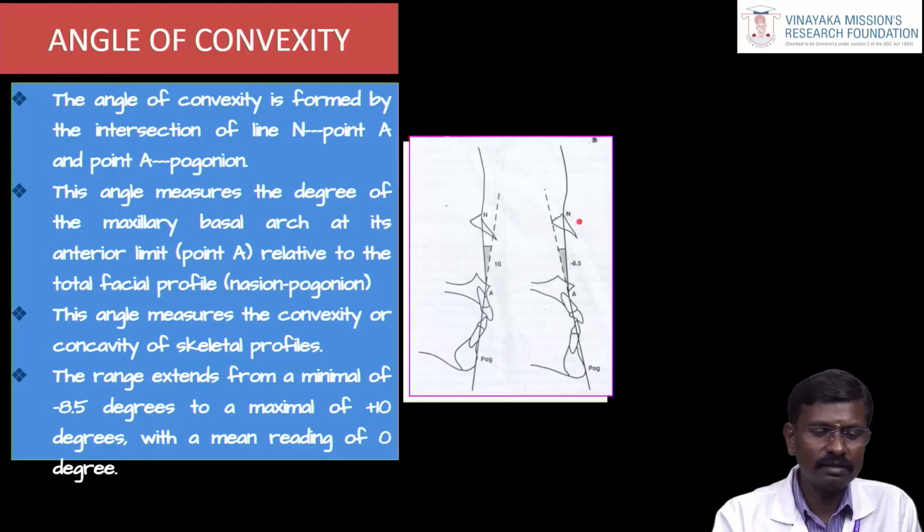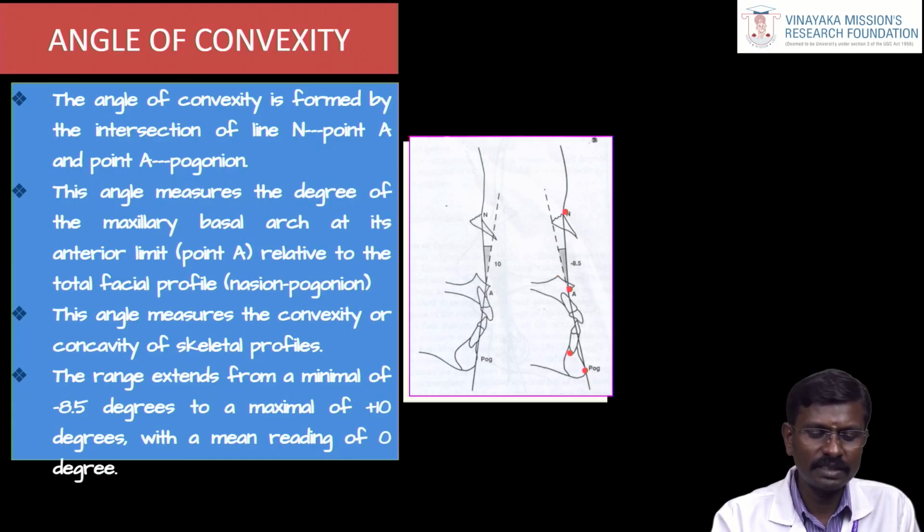The angle of convexity is formed by the intersection of the line N to point A and point A to Pogonion. This will give the convexity, whether the face is convex or more concave. The angle measures the degree of maxillary basal arch at its anterior limit, that is point A, related to the total facial profile.